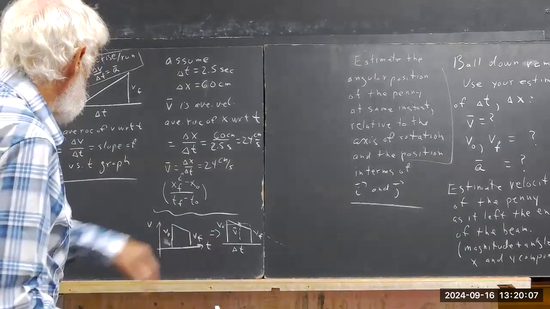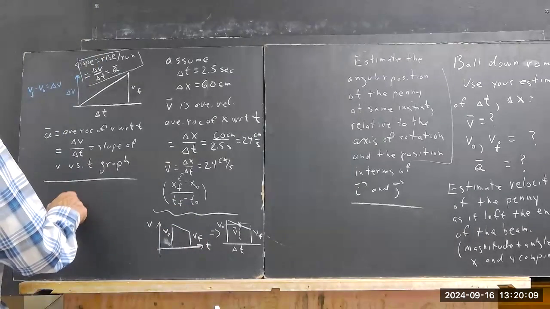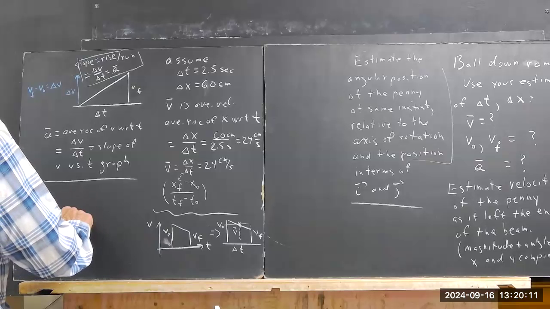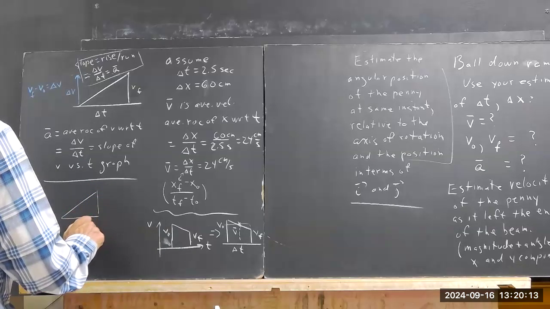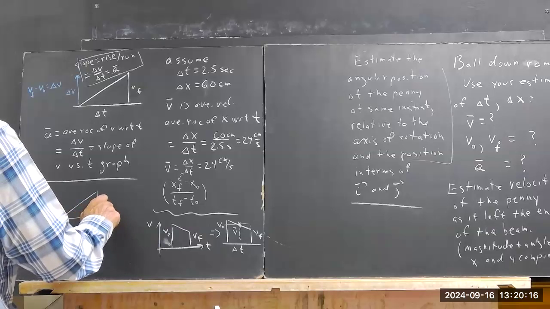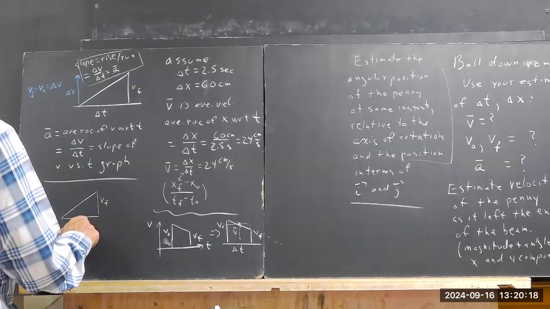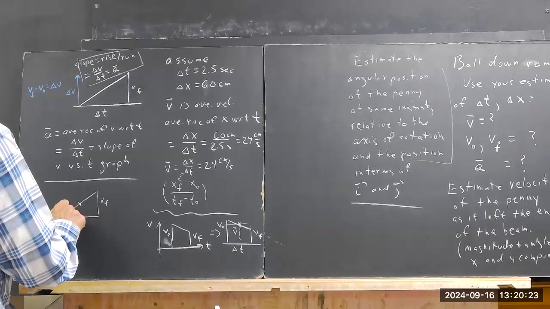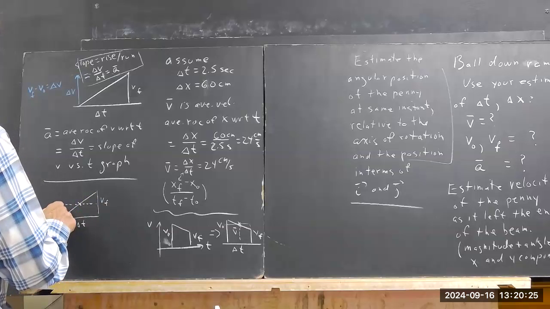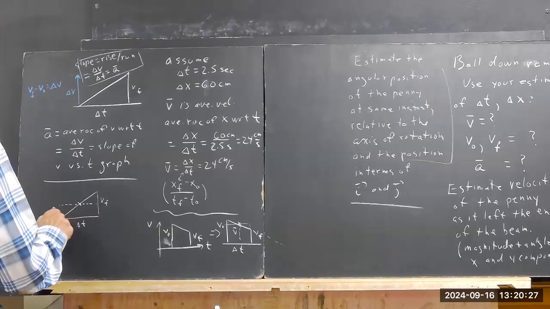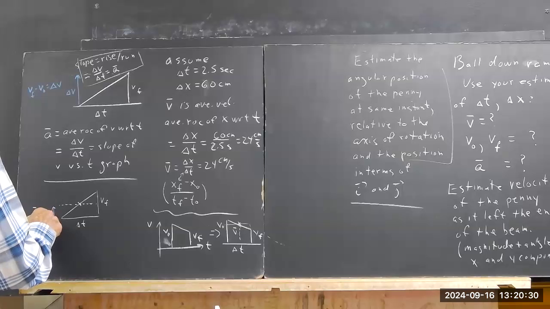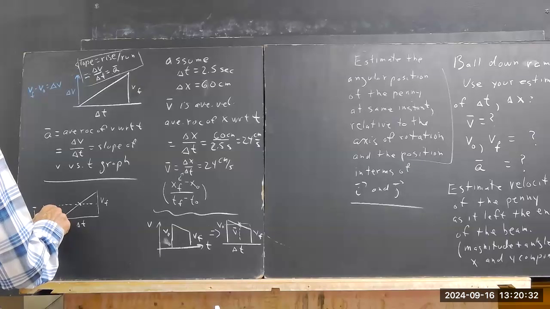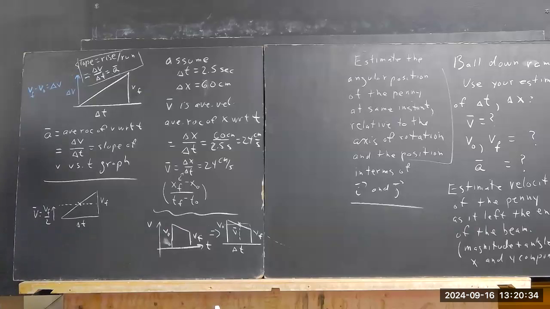So from this picture, the picture tells you that VF bar is VF over 2.